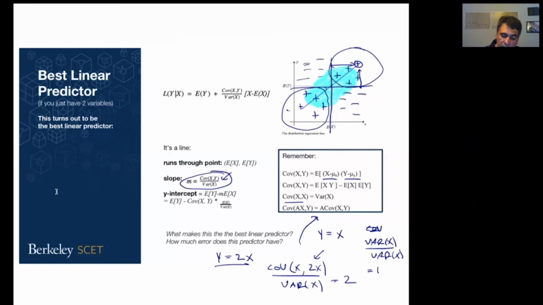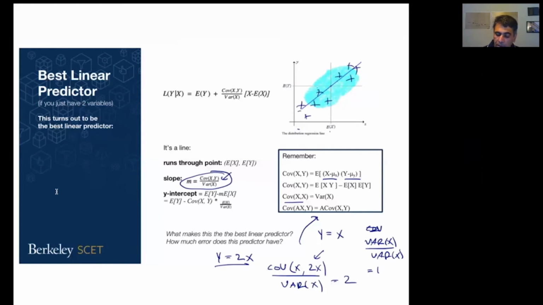So if you have a lot of points in these two quadrants, then you're basically going to have a positive covariance. And if you have lots of points that are in this quadrant and this quadrant, so all your data was like this, you're going to have a negative covariance.